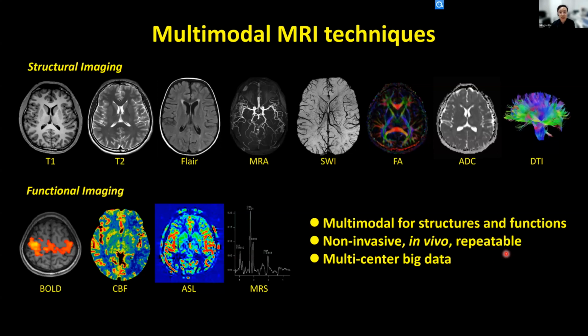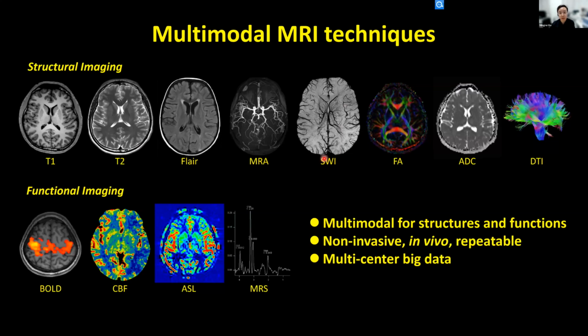Over the past 3 decades, multimodal MRI techniques have developed very fast, both for structural and functional imaging. They provide invaluable techniques to examine the anatomy and activity patterns of the human brain.